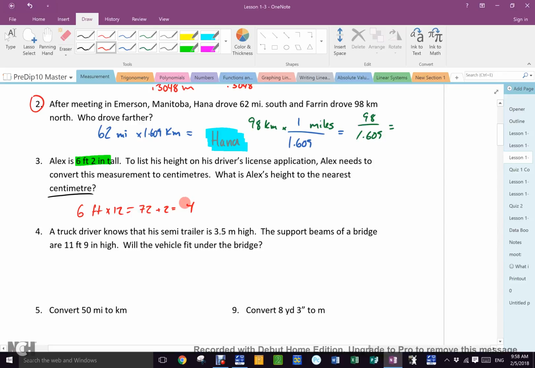So I really have 74 inches. Now I can convert to my other system. So I want centimeters, so it goes in the numerator spot. The 1 is on the bottom. What number goes here? I check on my sheet. 2.54, and since it's in the numerator, I just multiply. And what do I get? 187.96. So what do I actually write?